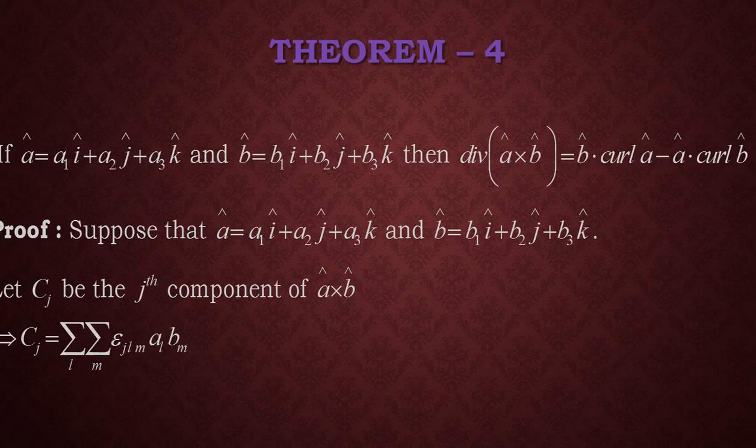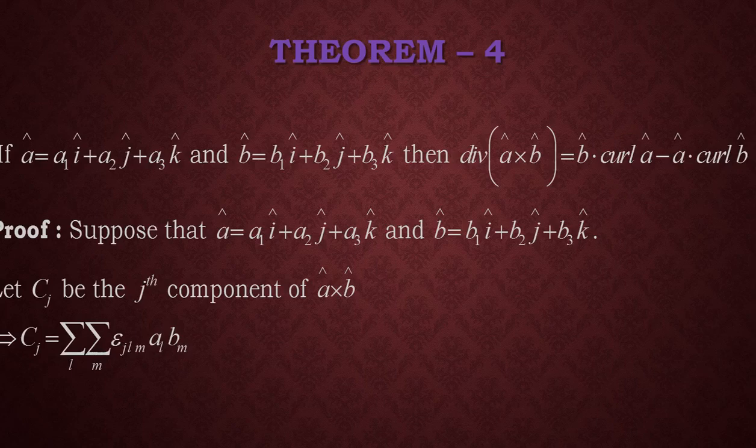In general, we take the jth component in this cross product of A cap and B cap. So let us suppose that C suffix j be the jth component of this cross product A cap cross B cap.